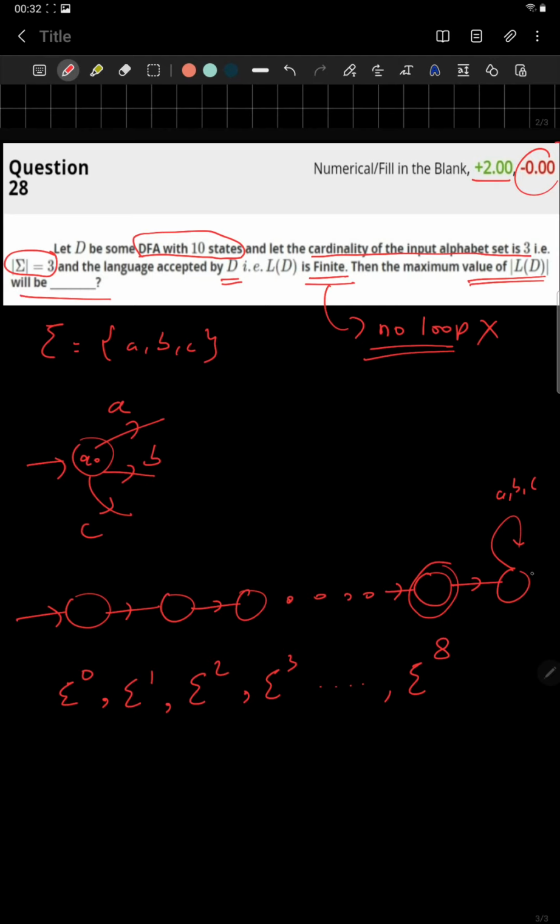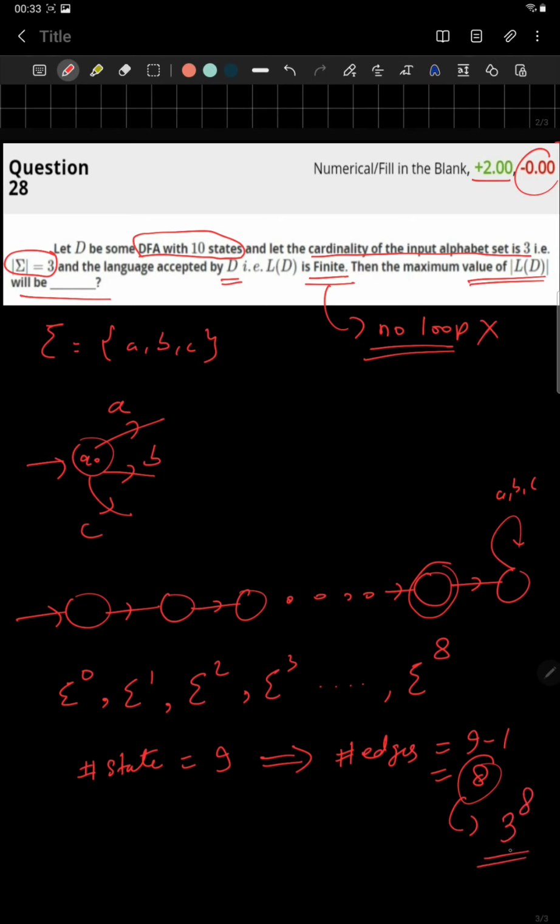Because one state is the dead state, and the number of remaining states is equal to 9, and with 9 states the number of edges would be 9 minus 1, equal to 8 edges. So with 8 edges we can have 3 raised to 8 strings of length 8. But we don't want only strings of length 8, we want all the strings.